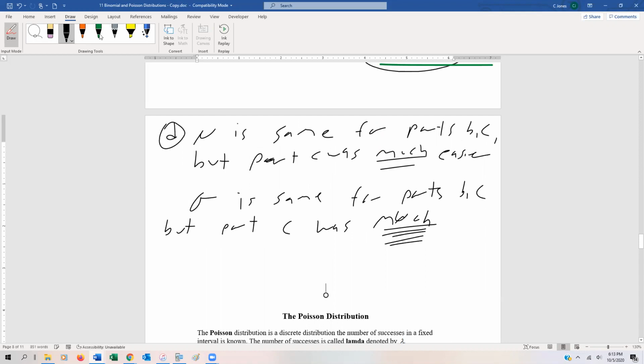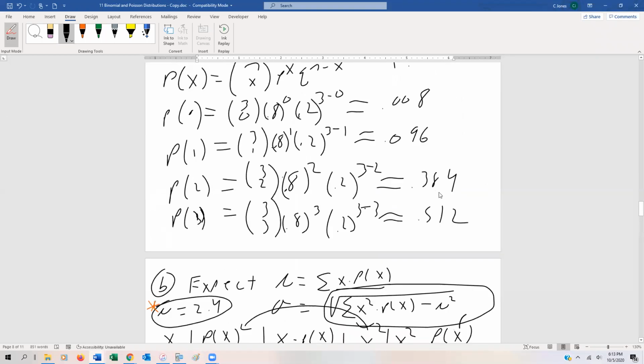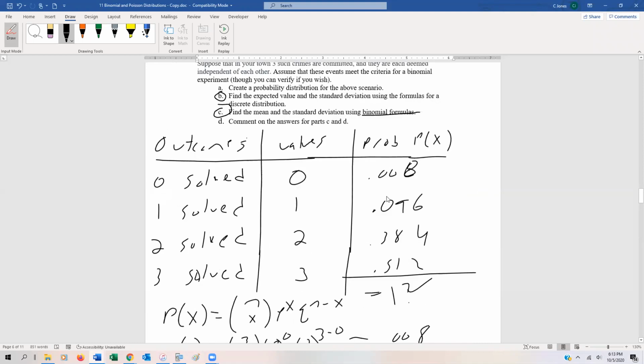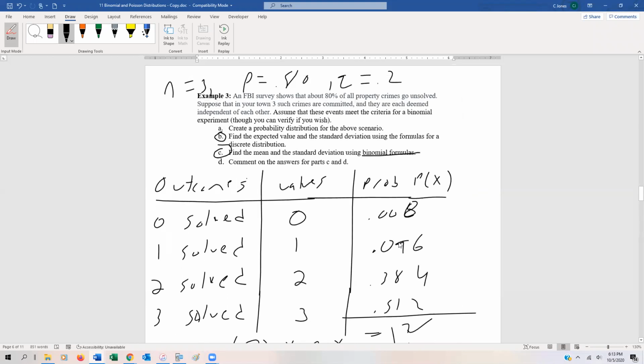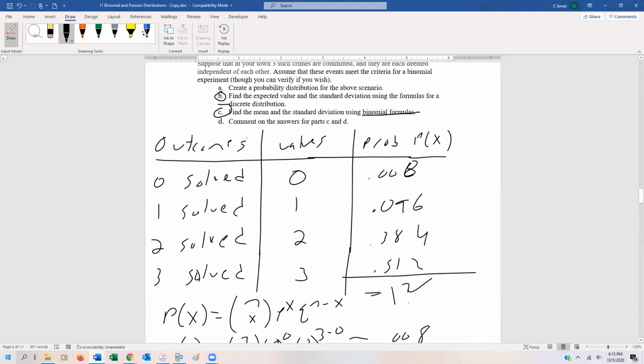I underlined it 4 times or 5 times or 6 times, whatever it was. All right. And now I hope what you're seeing is the power of the binomial distribution. So we don't have to go through and create these probability distributions. We could if we wanted to, but most of us don't want to. Most of us just want to use n times p or the square root of n times p times q. So hopefully you see that there is a relationship between the two.